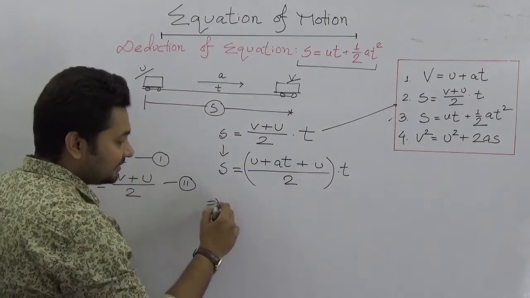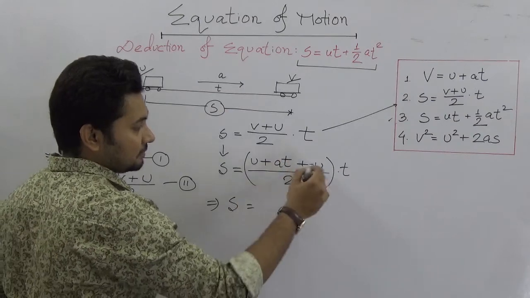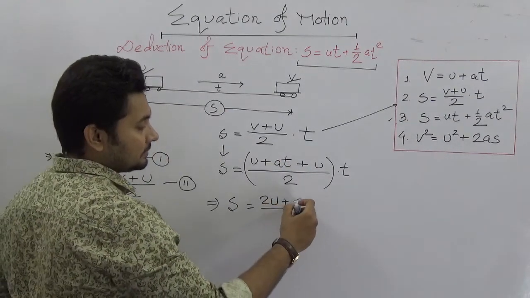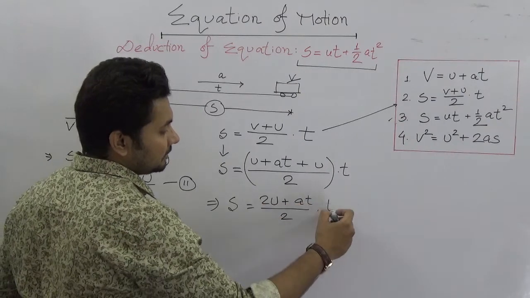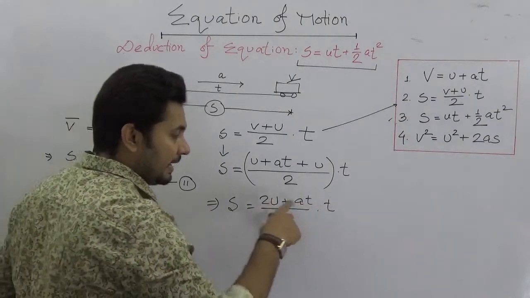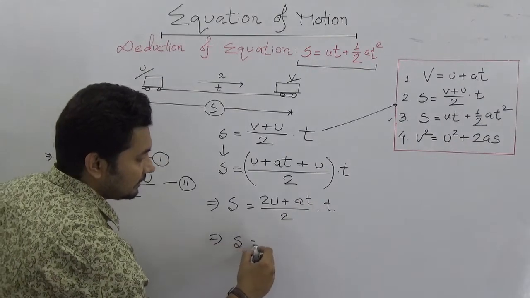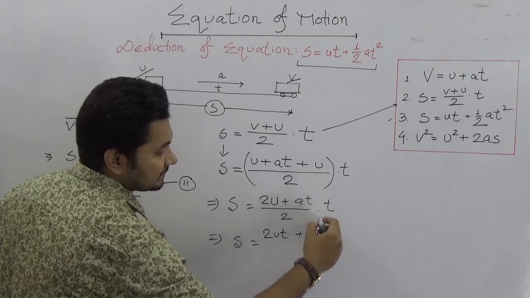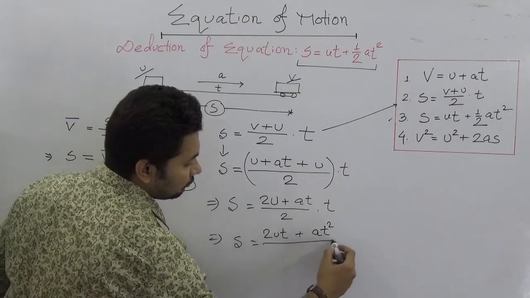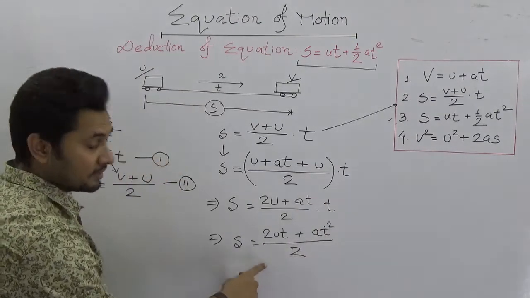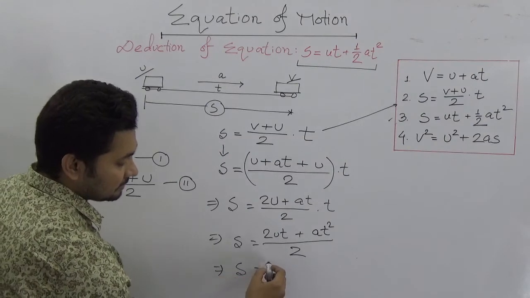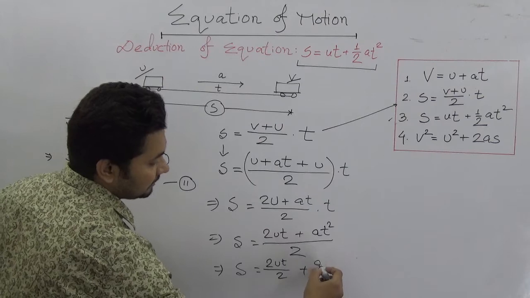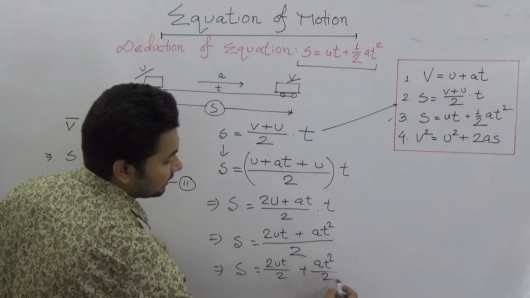Here we have u and u. If we add them, this will be 2u plus at over 2 into t. So S is equal to 2ut plus at times t, that is at squared, over 2. We can write it as S equal to 2ut by 2 plus at squared by 2.